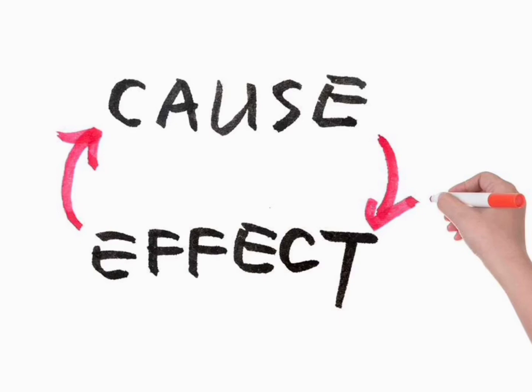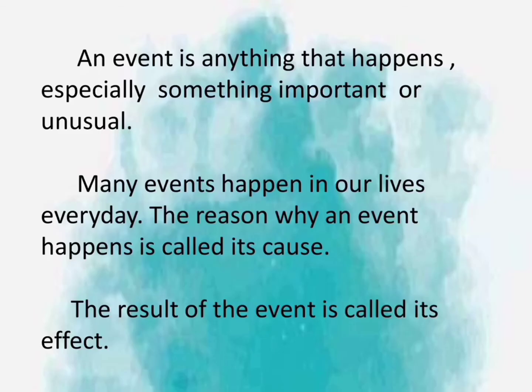An event is anything that happens, especially something important or unusual. Many events happen in our lives every day. The reason why an event happens is called its cause. The result of the event is called its effect.